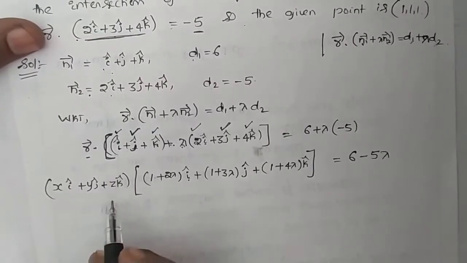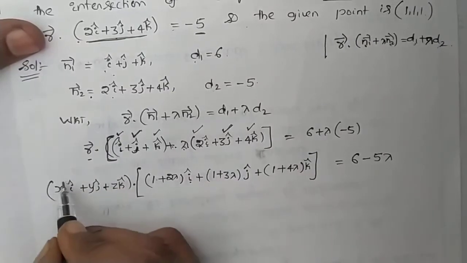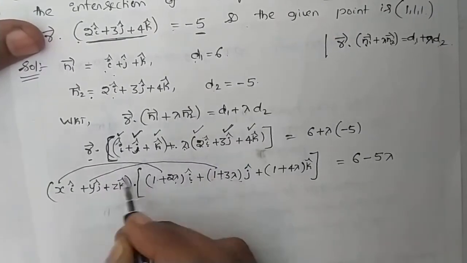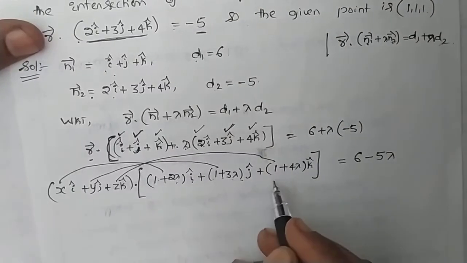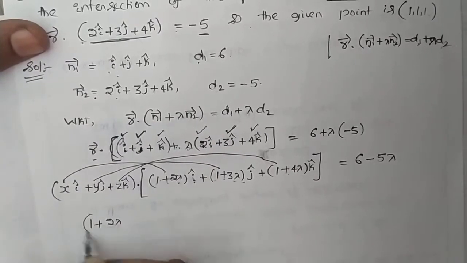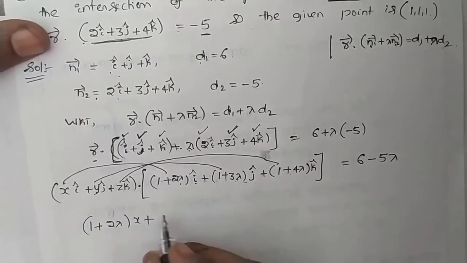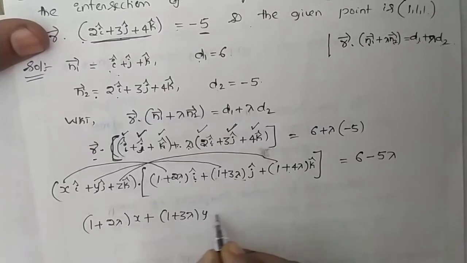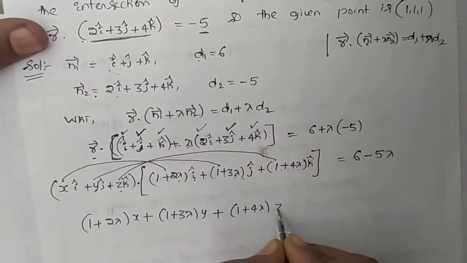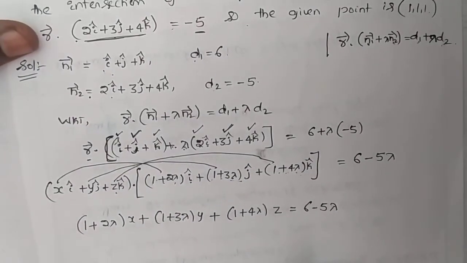Now let us apply the dot product of these two vectors: x into (1 plus 2 lambda), plus y into (1 plus 3 lambda), plus z into (1 plus 4 lambda), equals 6 minus 5 lambda.